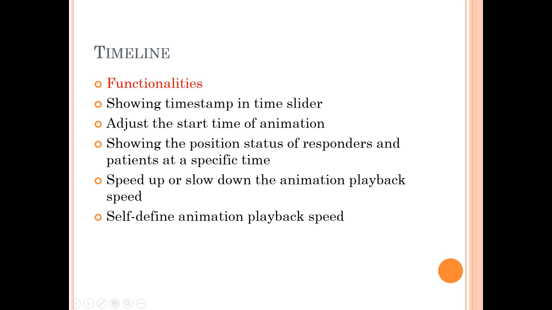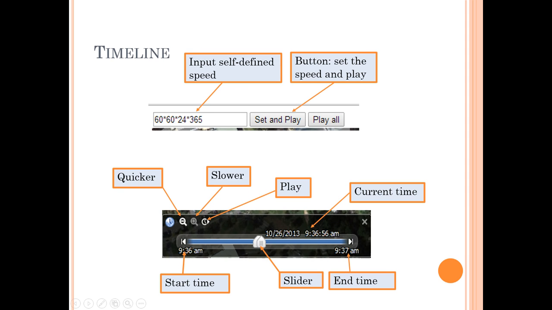The fourth part is to speed up or slow down the animation playback speed. As I mentioned before, you can achieve this by 2 ways. The first way is to click these 2 buttons. If you click the button with the plus marker, it will extend the time showing in the timeline, so it will be slower.